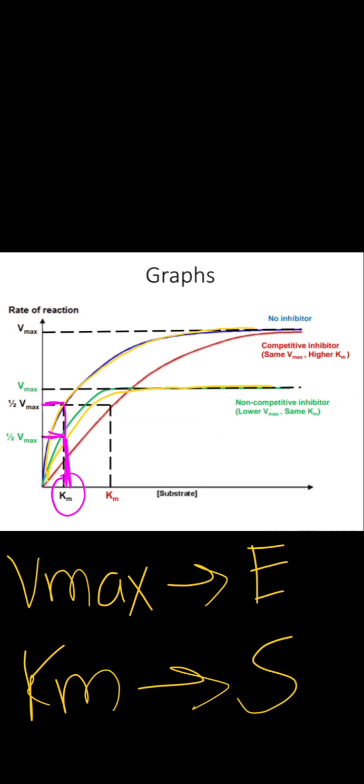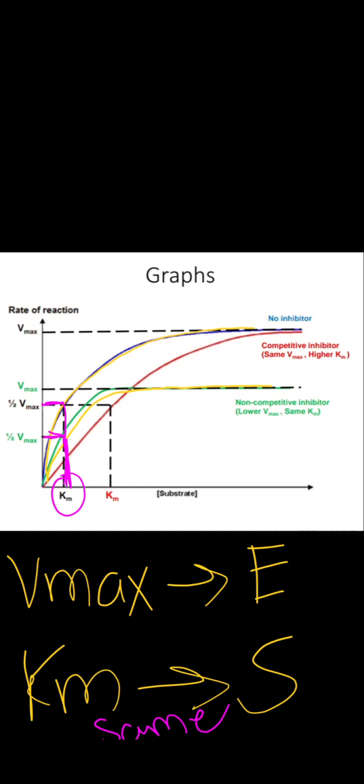Why? As we said, there was no change in the concentration of substrate, so that's why the Km will stay the same. That's why the Km in the no inhibitor and the non-competitive, they are still having the same Km.